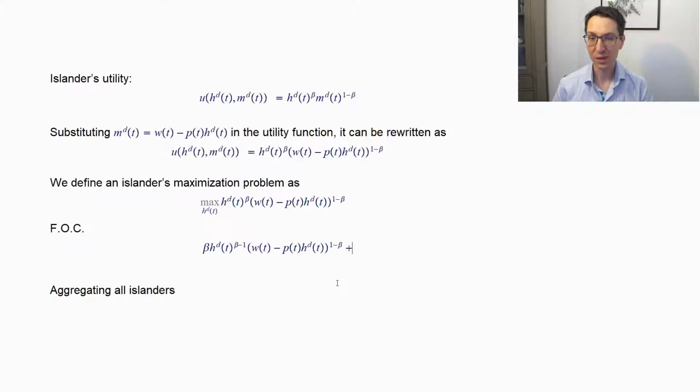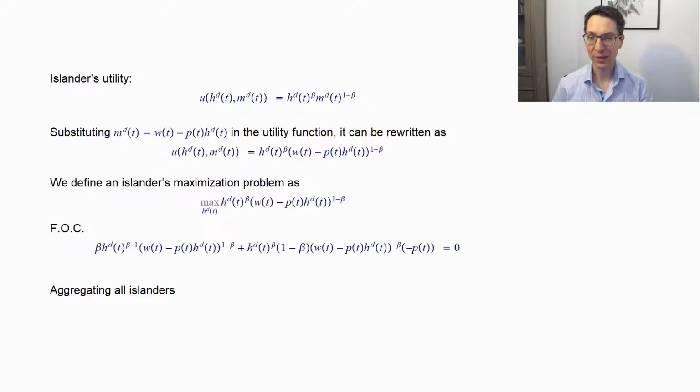And if we differentiate with respect to the second H^D_t inside the parenthesis, we get H^D_t to the beta multiplied by 1 minus beta times the parenthesis (W_t minus P_t H^D_t) to the minus beta. Then we differentiate H^D_t inside the parenthesis, so this is multiplied by minus P_t. And of course, for a maximum, this has to be equal to 0.